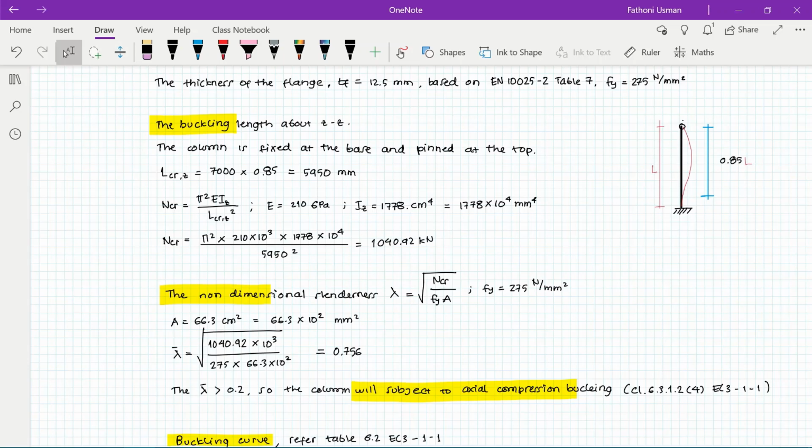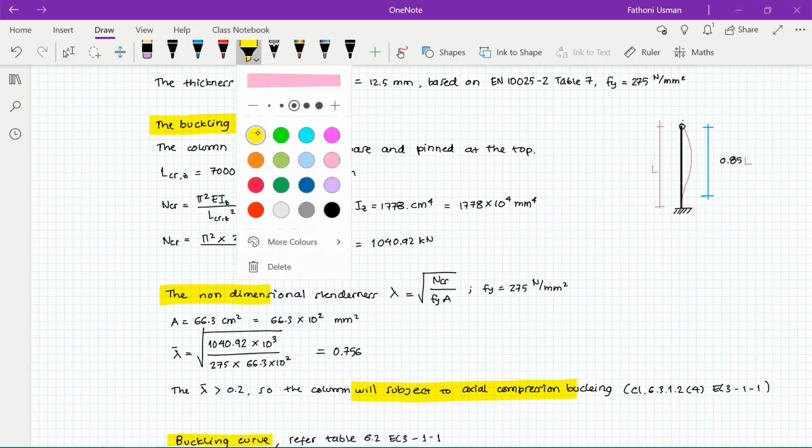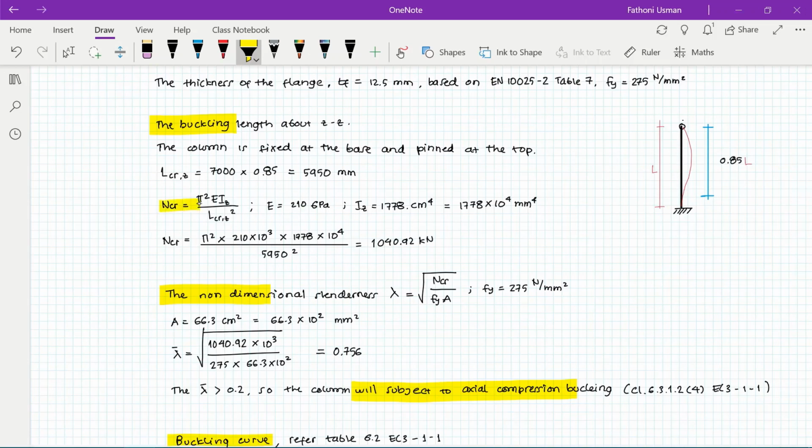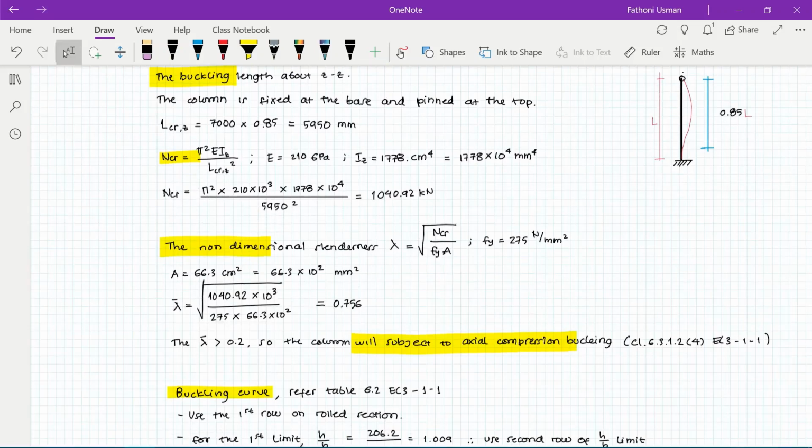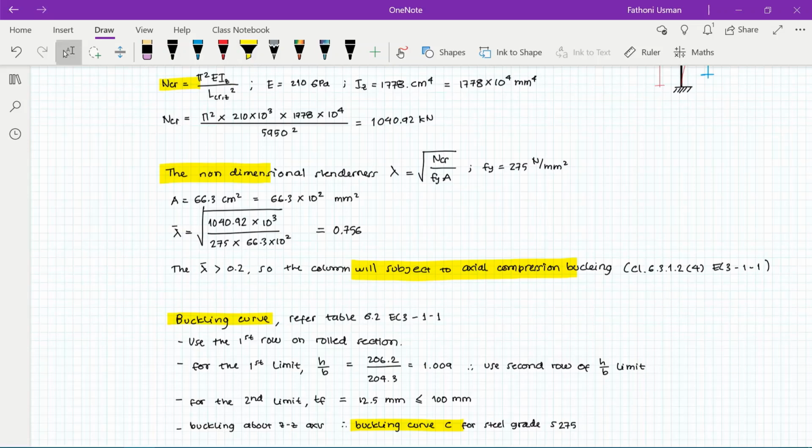Next calculation is to calculate the Ncr. So Ncr is simply fit into this expression, and then we get here Ncr is equal to 1040.92 kilonewton. And then the next step in this process is to calculate the non-dimensional slenderness, lambda bar is equal to square root of A fy over Ncr.